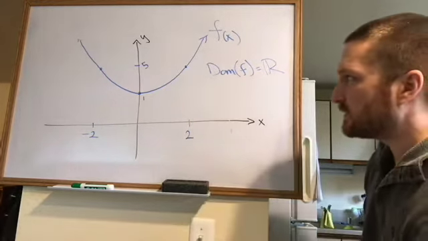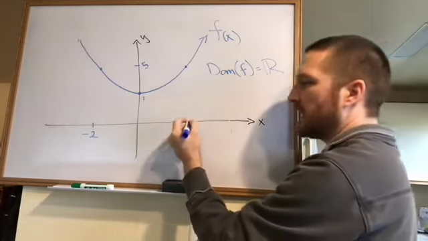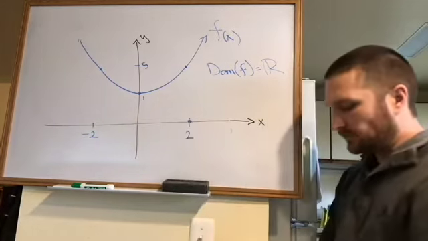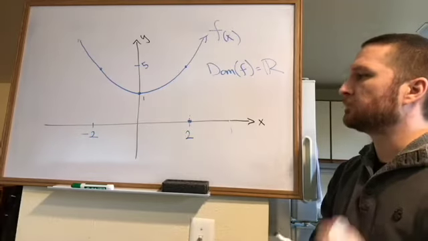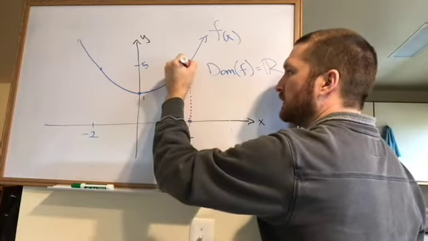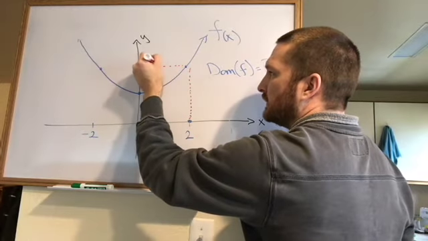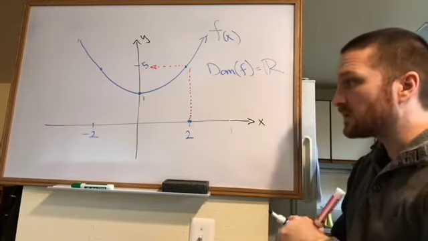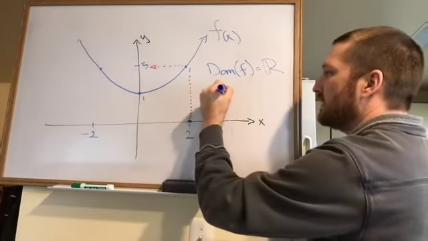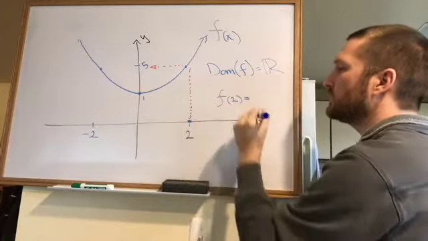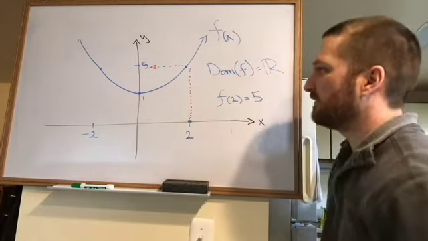So for instance, this rule says that when I plug in a 2, what gets hit? Well, this says we go from 2 and positive 5 gets hit. In other words, this means that f of 2 is equal to positive 5.